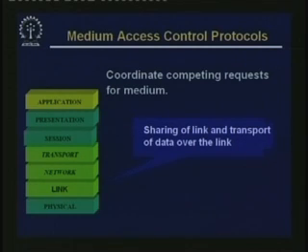So, sharing of a link and transport of data over the link, that is in general the description of what the data link layer does. When we share a link, there is a question of competing requests and we have to have some way of resolving that. And of course, there is also a question of transport of data over a link.